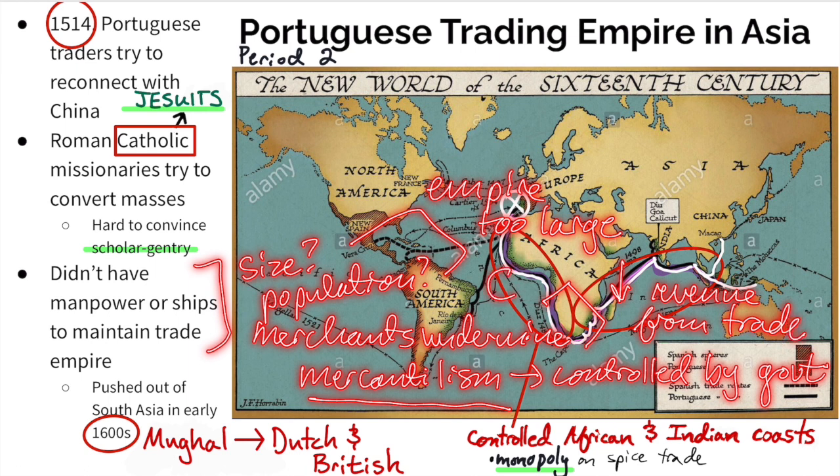And now they start raising taxes. But they don't have a large population to tax, and the government officials become corrupt. And so they're going to start taking a cut of the taxes for themselves. And again, this is going to shrink the treasury for Portugal, which is going to make them eventually have to let go of their maritime empire.